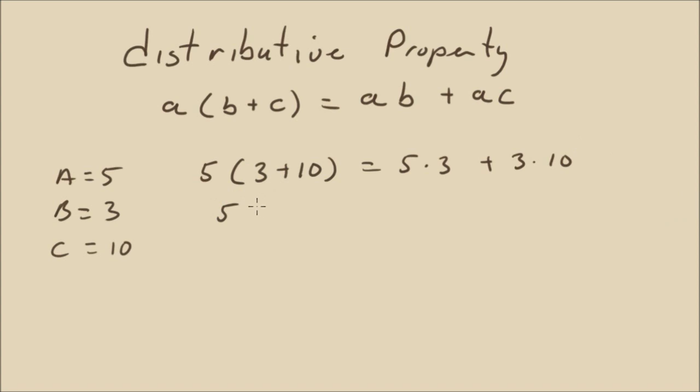That's the same as having 5 times 13, and that's the same as having 15 plus 50, and that should give us 65 on each side, assuming that I didn't mess up my addition and multiplication.